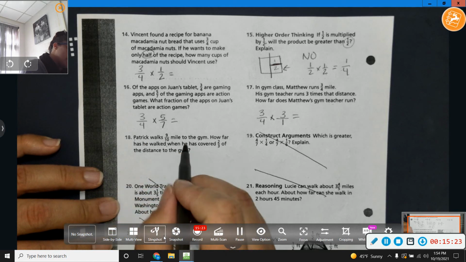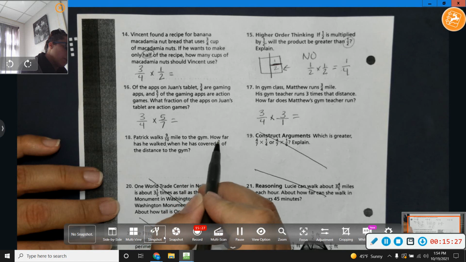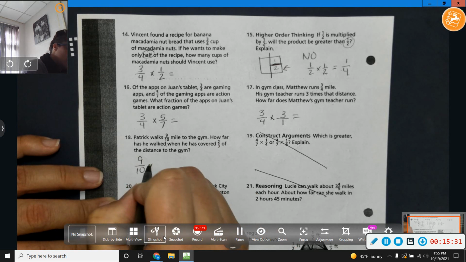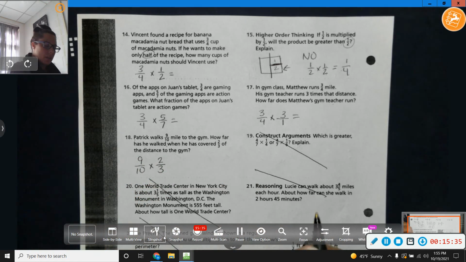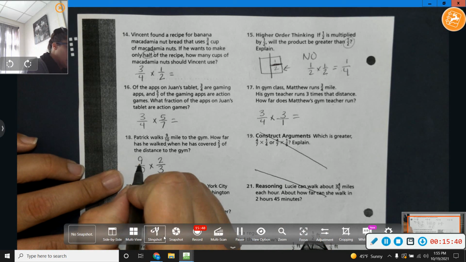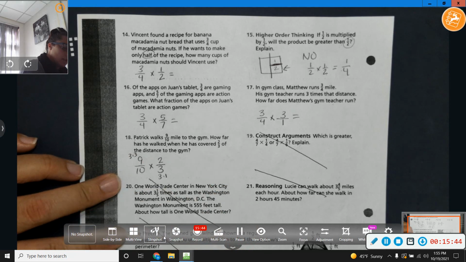18. Patrick walks 9/10 of a mile to the gym. How far has he walked when he has covered 2/3 of the distance? So if he's gone 9/10 and we multiply it by 2/3, what do we get? Well, I can reduce on both of these. Okay, 3 times 1 is 3. 3 times 3 is 9.